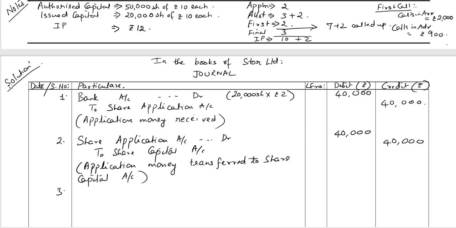The third entry is to make the share allotment money due along with the premium.